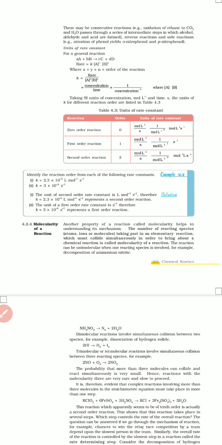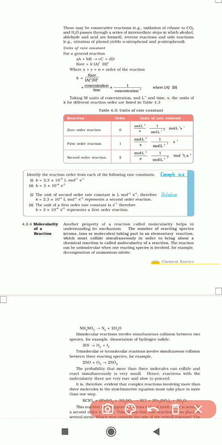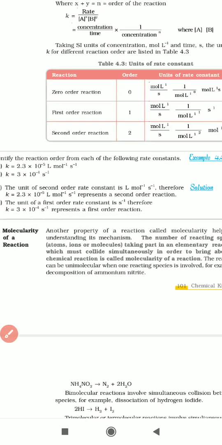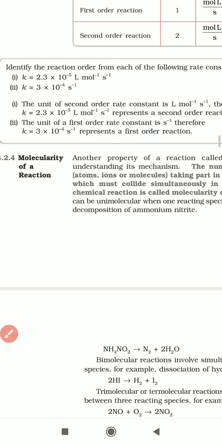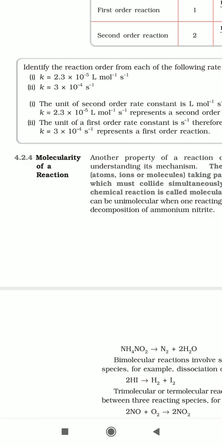Now let us see example 4.4. Here we see how to find the order of the reaction. Units are given, and you have to find the order of the reaction. Identify the reaction order from each of the following rate constants.